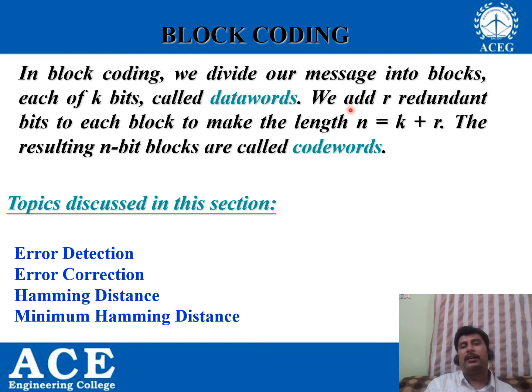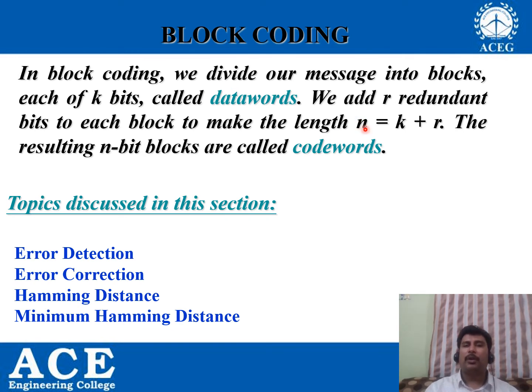We add r redundant bits to the k data word bits, and this combination of data word and redundant bits together is called a code word. The length of the code word is referred to by the variable n, which is the sum of the data word length k plus the redundant length r. So the resultant n equals k plus r is a code word, and n is the length of the code word.